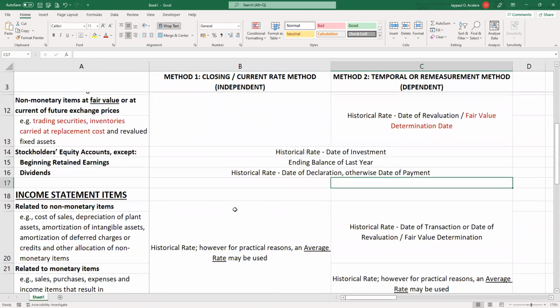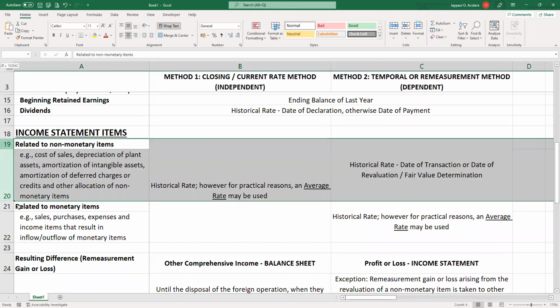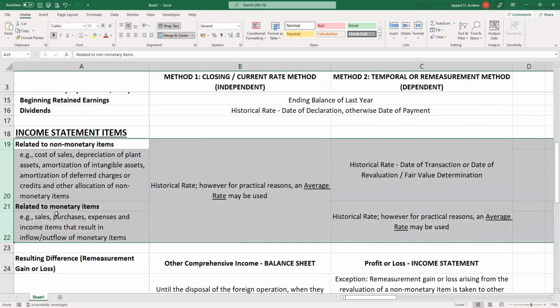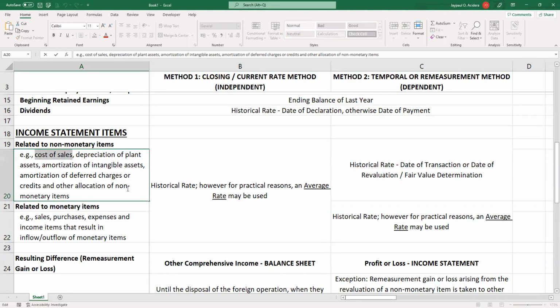Now let's have our income statement items. So inati natin siya sa dalawa, no? We have yung mga related to non-monetary items and yung mga related to monetary items. So meron tayo dito, for example, yung cost of sales. Related yan sa non-monetary items, which is inventories. Same as with the depreciation of plant assets and amortization.